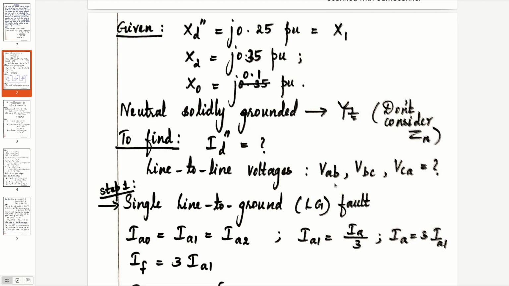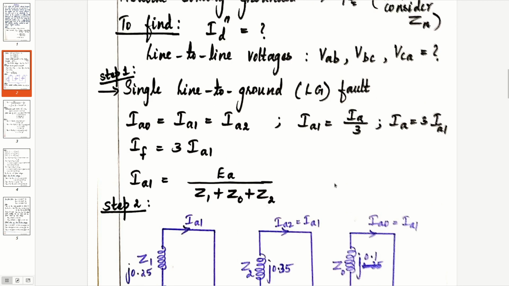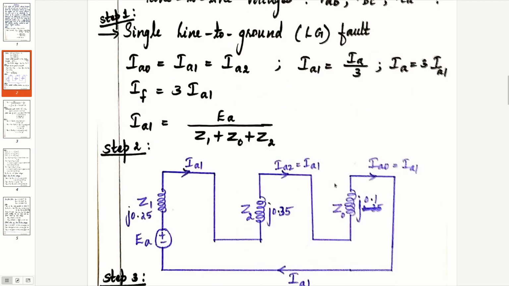Now we will start with the calculations of the parameters using the formulae we have derived in the first derivation. Step 1: for single line to ground fault, we have already proved that the three sequence components of currents are equal, IA0, IA1, IA2. From this we write IA is equal to 3 into IA1.